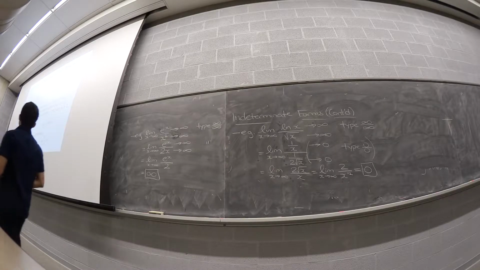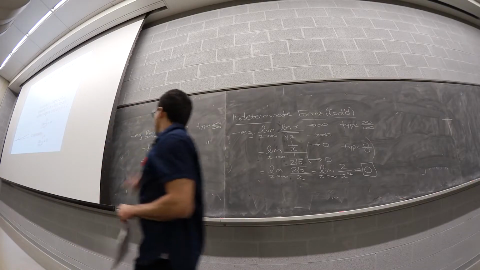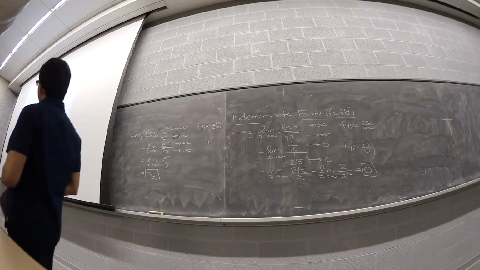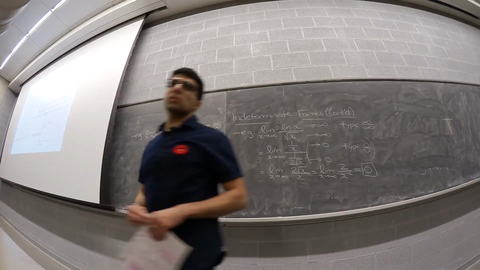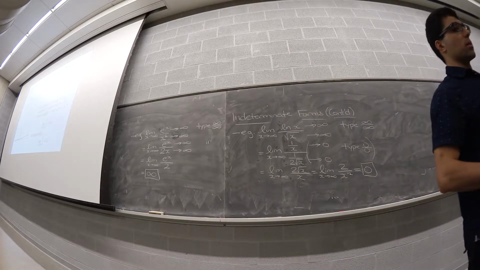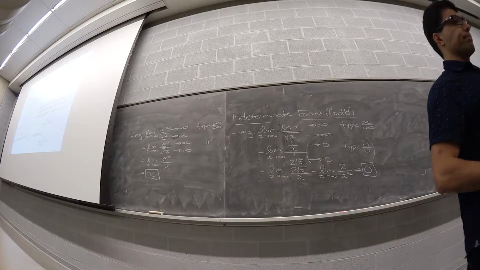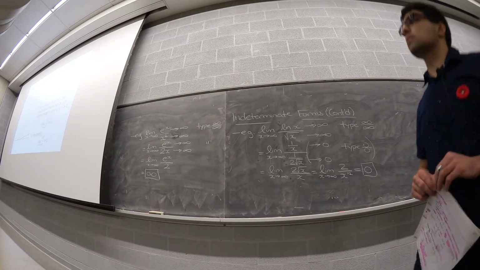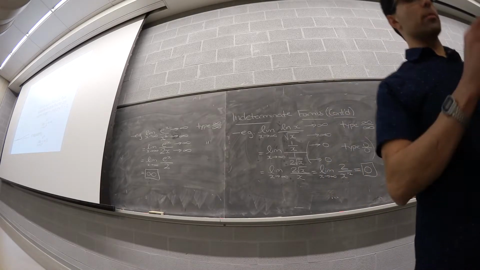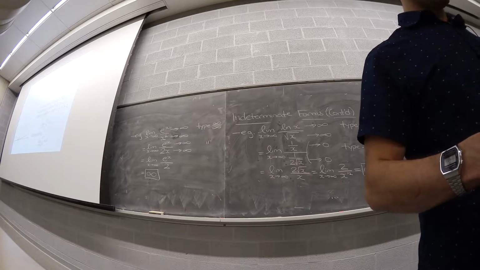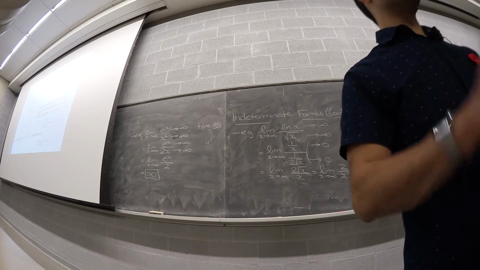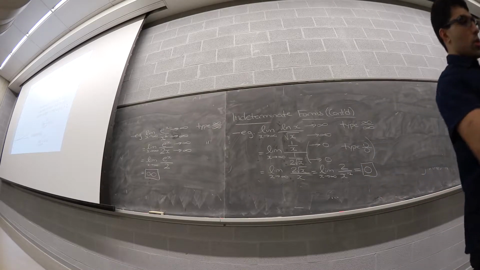Using L'Hopital's rule, you can repeatedly use it to show that fact for any positive integer n. And you can extend that to any positive number n. Does that make sense? Exponentials kick butt. That's the lesson there. And logarithms don't.